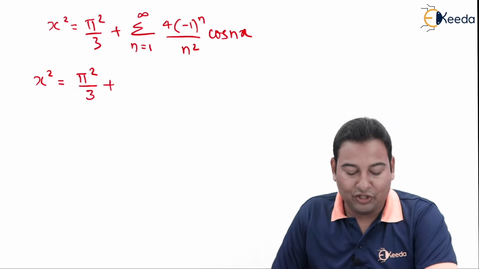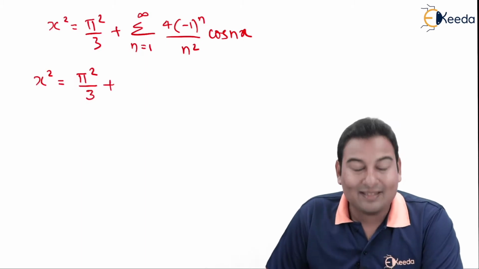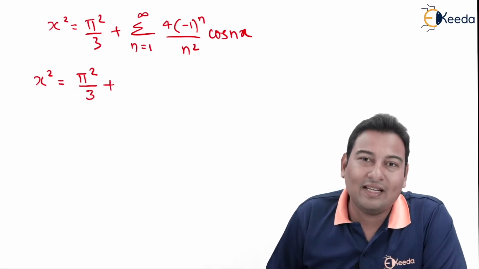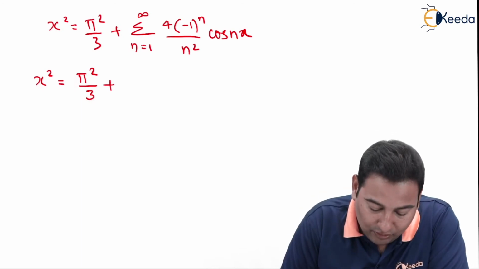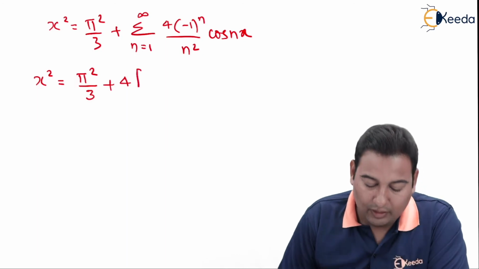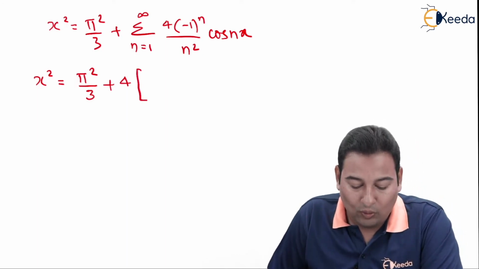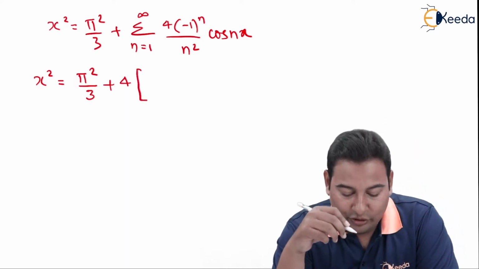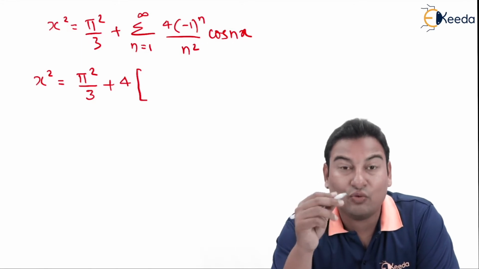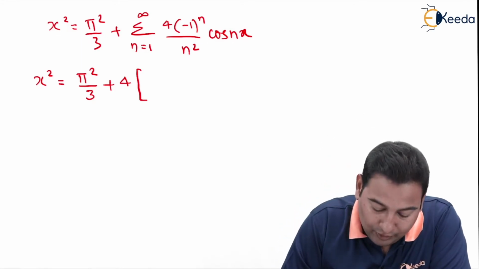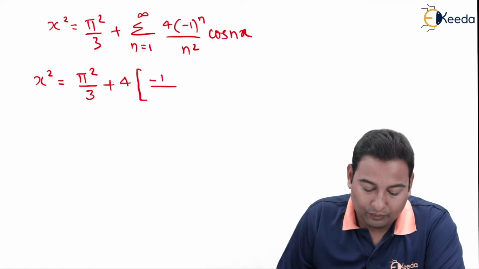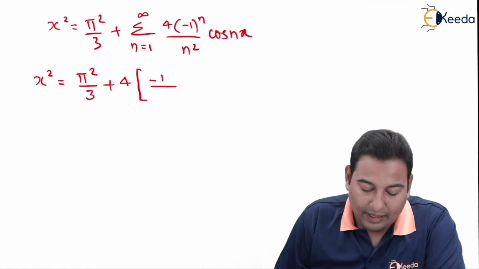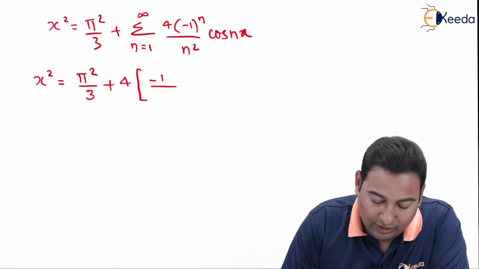Let us substitute the values. Summation, we will put n is equal to 1 first. If I substitute n is equal to 1, you can take this 4 outside. If we put n is equal to 1, this will become minus 1 raised to n, and n is 1. So minus 1 raised to 1 is minus 1 upon n square, that is 1 square.